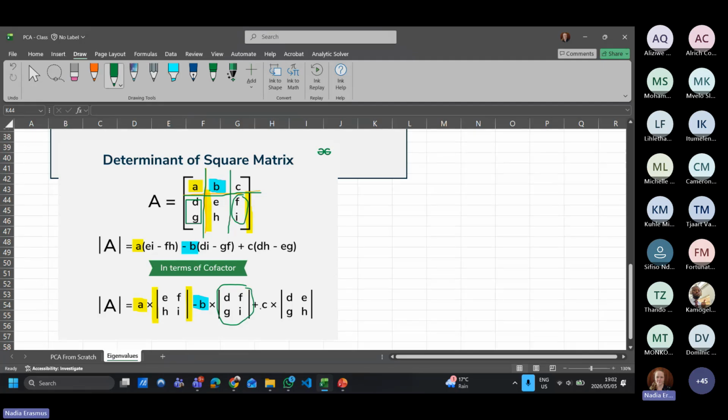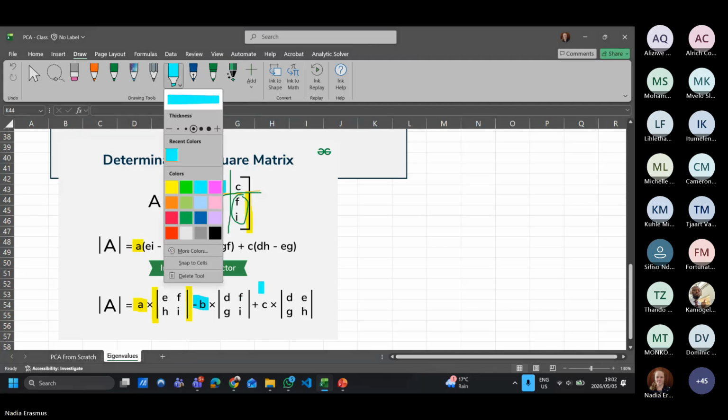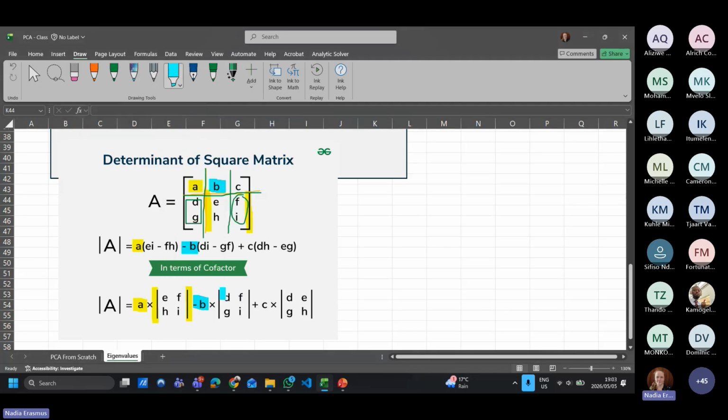Then we have plus, so it's positive C. So this was our B. And then we have our C.